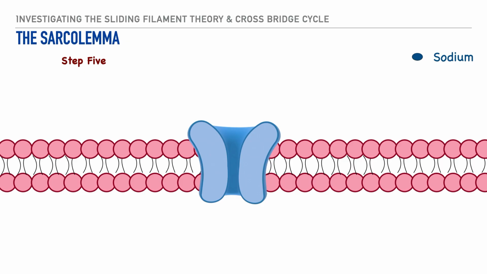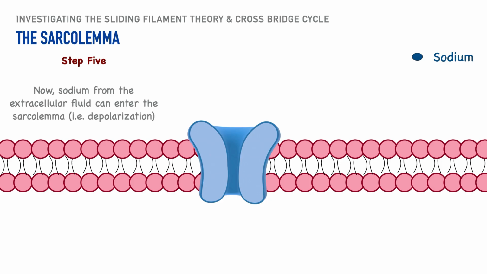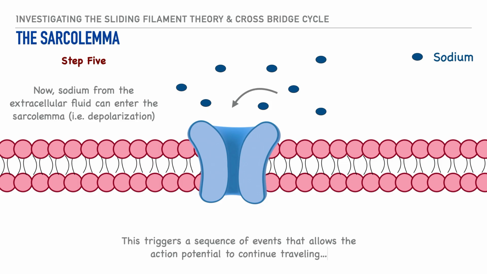And right after our previous step, which was acetylcholine attaching to its receptors, this triggers sodium from the extracellular fluid to enter the sarcolemma, and we call this depolarization, which is another way to say activation of the sarcolemma. This triggers a sequence of events that allows the action potential we noted from the beginning to continue traveling.